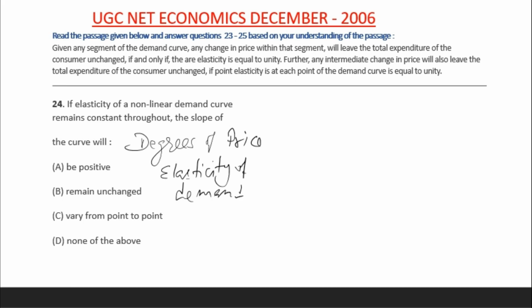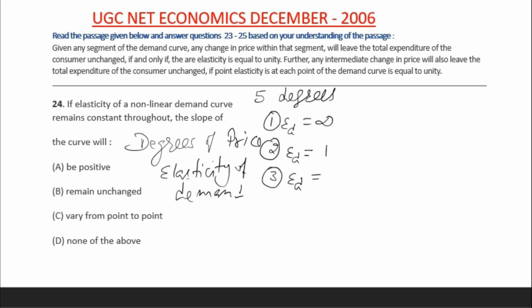See, we know there are basically 5 degrees. Number 1, ED is equal to infinite. Number 2, ED is equal to 1. Number 3, ED is equal to 0.